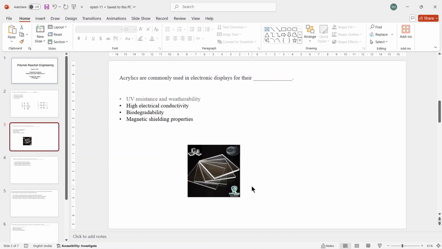And weatherability. Weatherability means the effects of heat, humidity, and UV radiation. Any effects on acrylics are quite reduced, because they are quite tough and inert when it comes to reaction with any kind of humid environment, UV radiation, or heat itself. High electrical conductivity: unfortunately, no electrical conductivity is observed in acrylics.